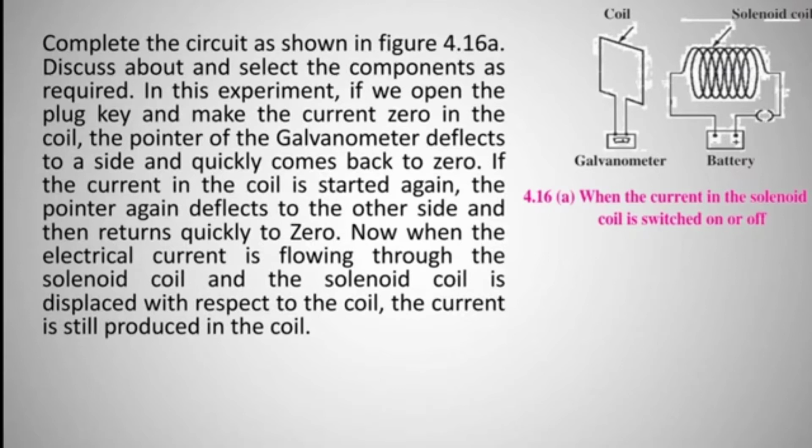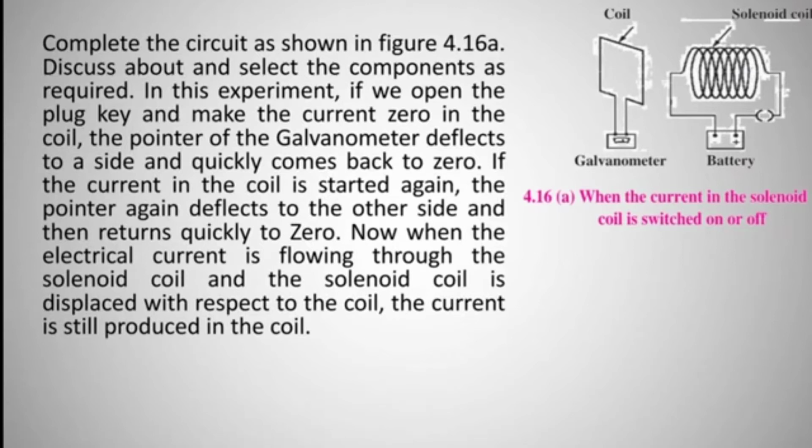In this experiment, if we open the plug key and make the current 0 in the coil, the pointer of the galvanometer deflects to a side, then quickly comes back to 0. If the current in the coil is started again, the pointer again deflects to the other side and then turns quickly to 0.